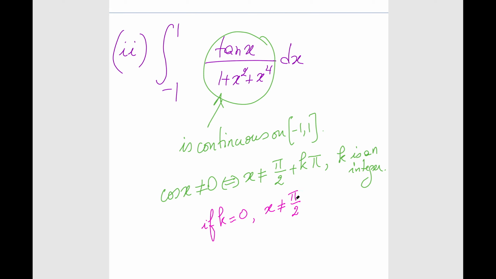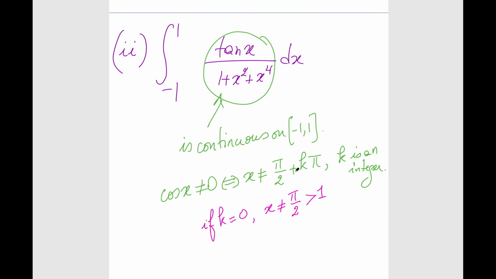And pi is approximately 3.14, and 3.14 over 2 is bigger than 1. It's bigger than 1.5. So that bad point, when k is 0, is bigger than 1. Agree? Which is beyond this upper bound of this symmetrical domain.